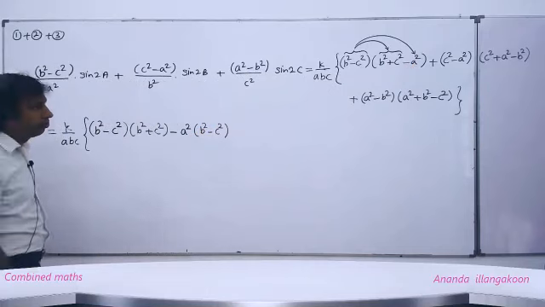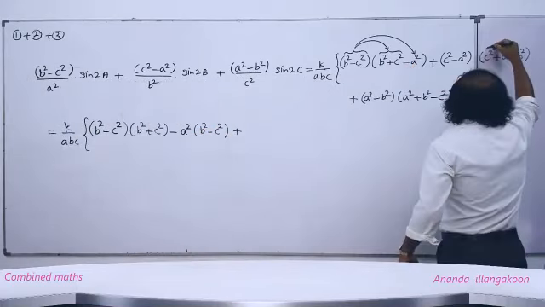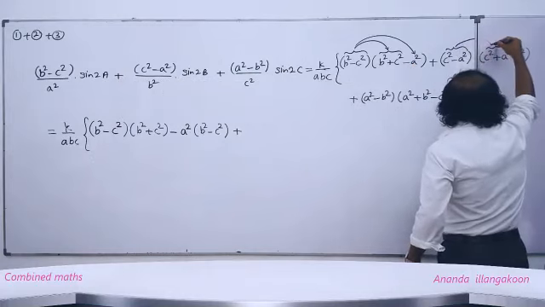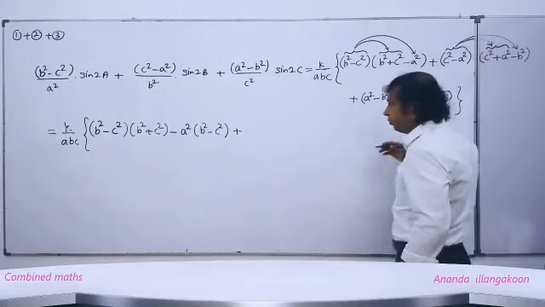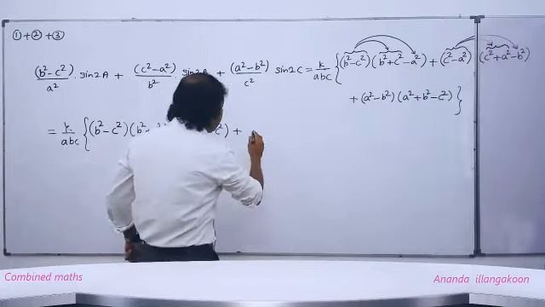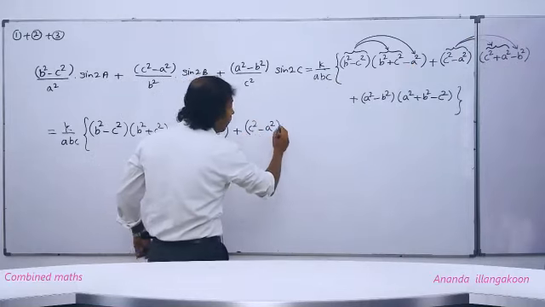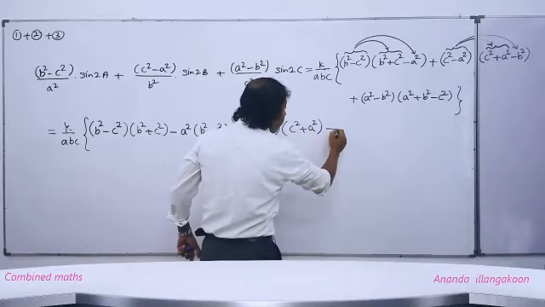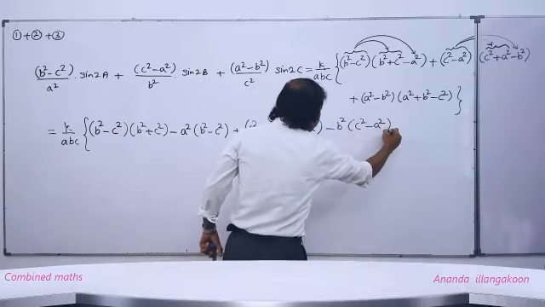Secondly, people, this term we consider as a single term, and this also a single term. Then this and this I multiply, and this I multiply. It is c squared minus a squared times c squared plus a squared minus b squared, times c squared minus a squared. This way.